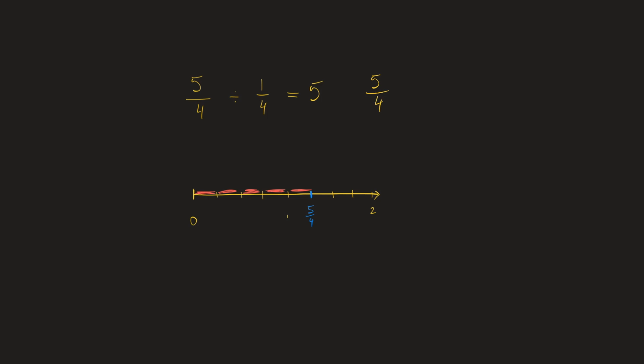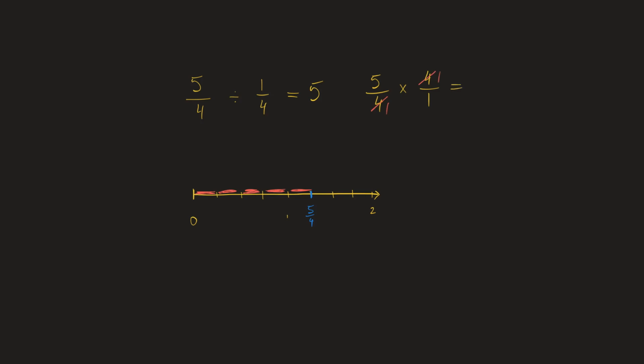Another way that I can look at that: I write my original fraction, 5 over 4. Now I'm going to write a multiplication instead of the division. I'm going to take the reciprocal of a quarter, which means I'm just flipping the fraction. Now I can look to cross simplify like I would when I multiply fractions, and these two 4s I can simplify to 1.